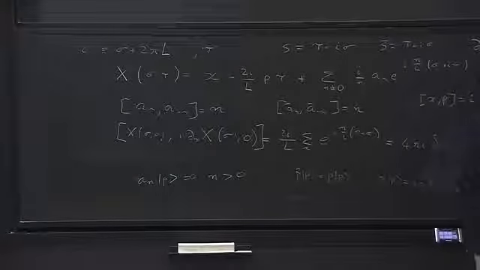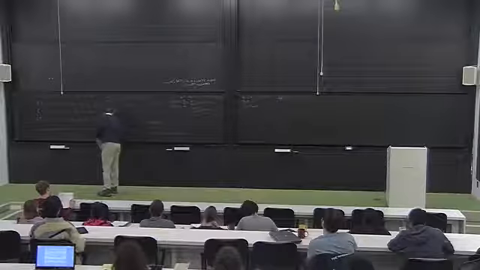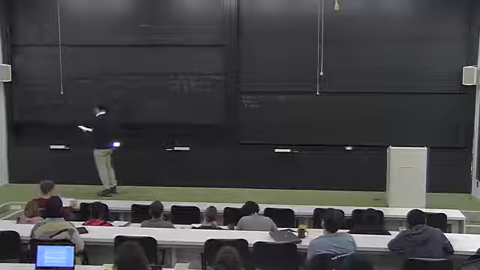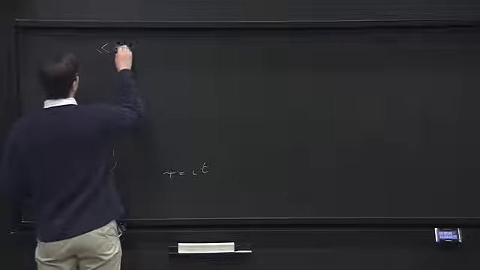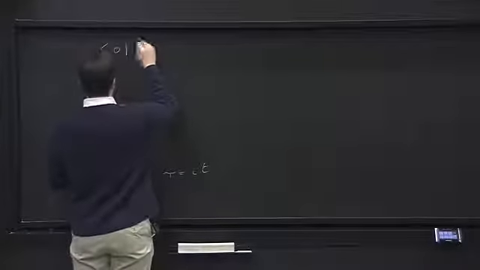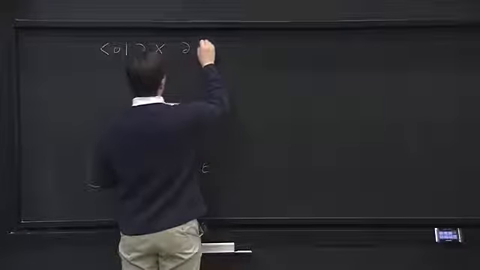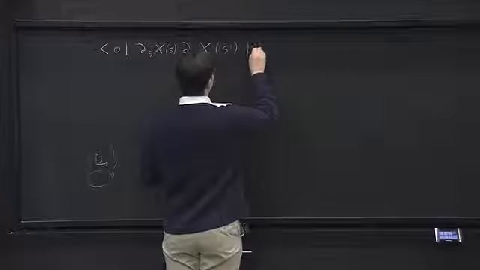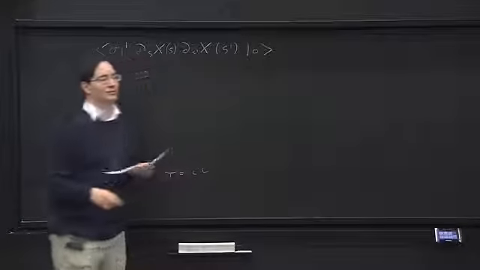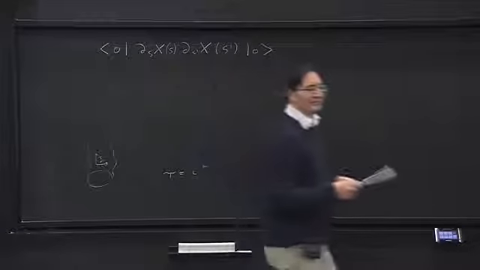Okay, so now that we have some vacuum, in particular the zero momentum vacuum, I wanted to compute the expectation value of these currents, of these holomorphic derivatives of the scalar field.